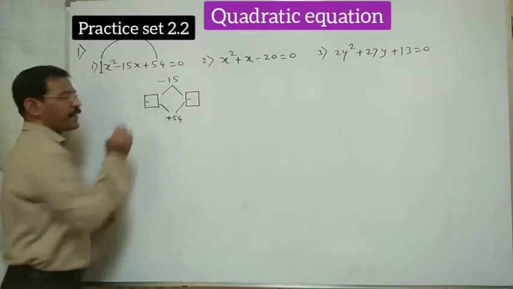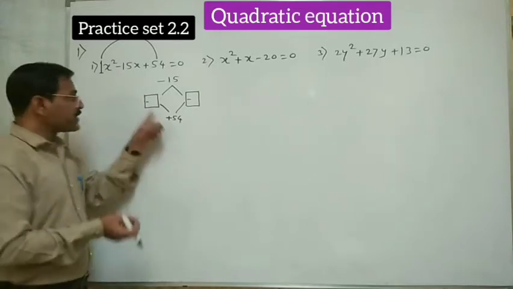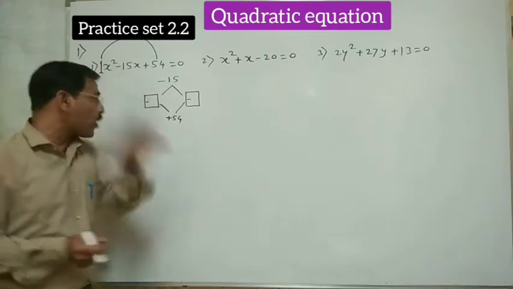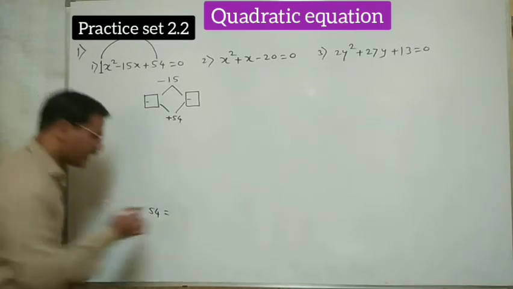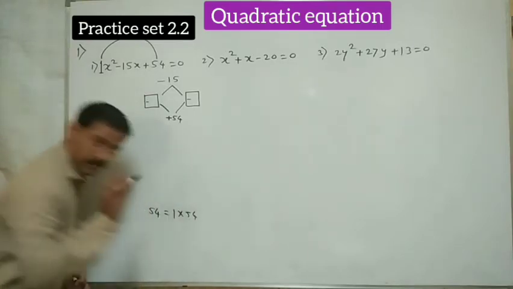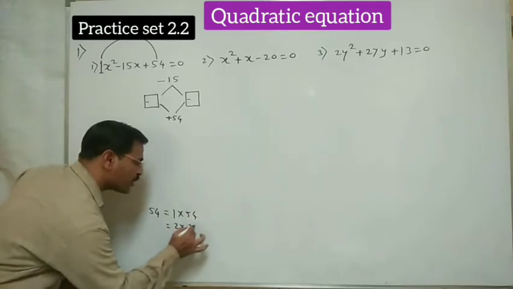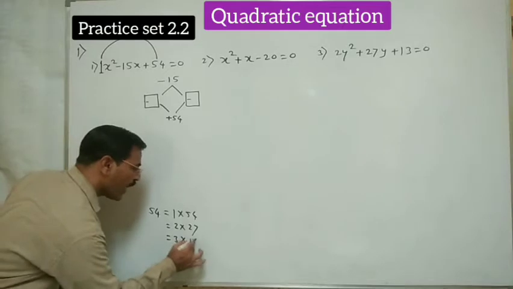Both the factors have the same sign. Now their sum is 15 and their product is 54. How to write 54? 1 into 54. Maybe 2 into 27. Maybe 3 into 18.